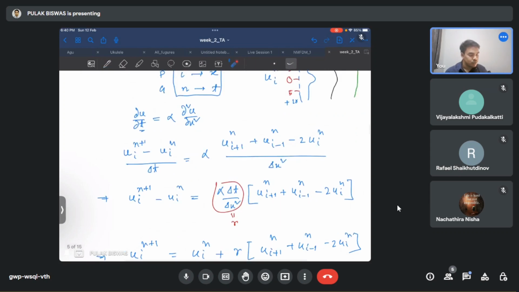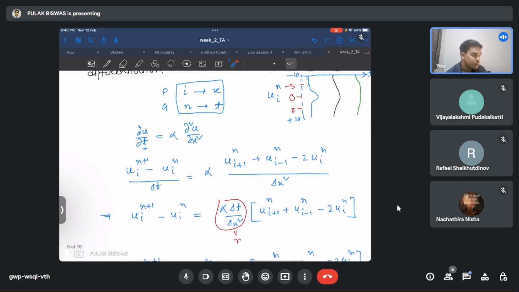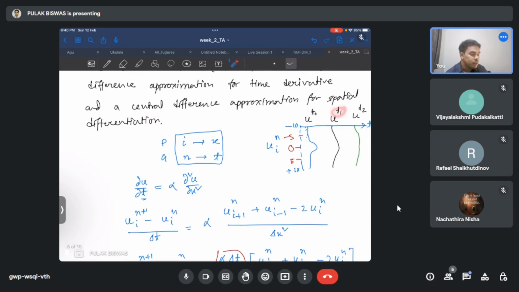So I may be 0, and this may be t1, where t1 I have represented here as t1. That t1 may be your previous time plus delta t.